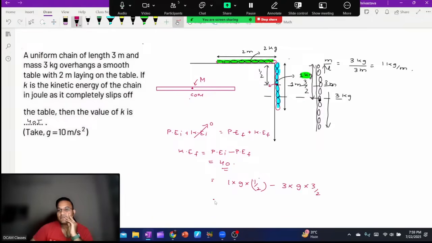Sir, wouldn't it be minus mgh? No. For the initial potential energy would be negative, the final would be positive. You'll get minus of minus.